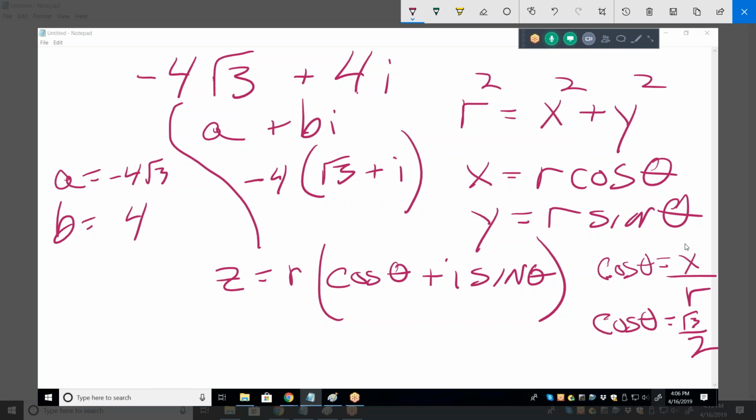Because that's r squared, I think. 30, 60, 90. Well, the way I originally did it, I was thinking that would be r. Let's go back and factor out a plus 4.